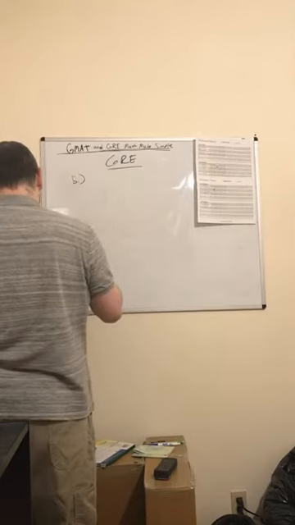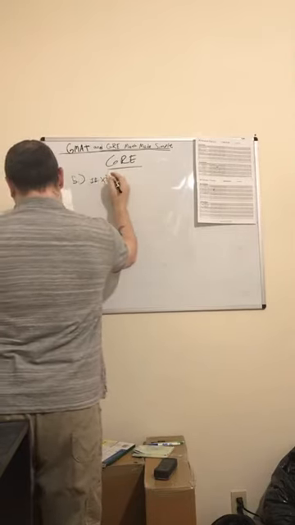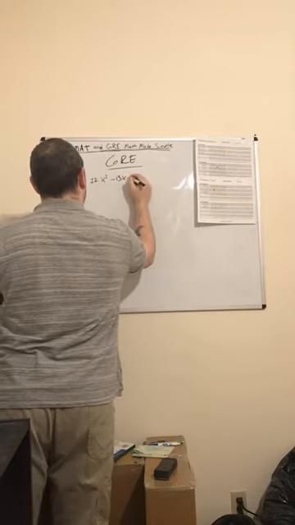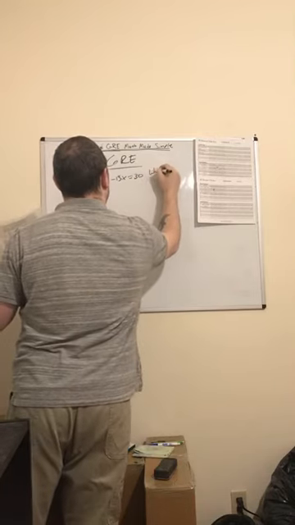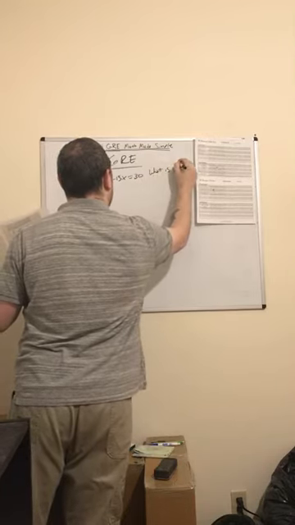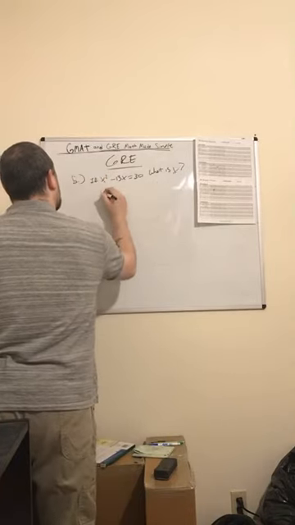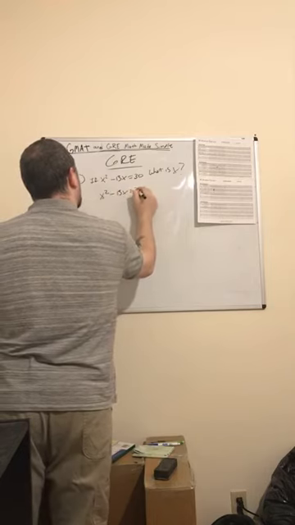It says, if x squared minus 13x equals 30, what is x? So let's get the equation down here and we'll do it like we did the last few times. Equals 30.